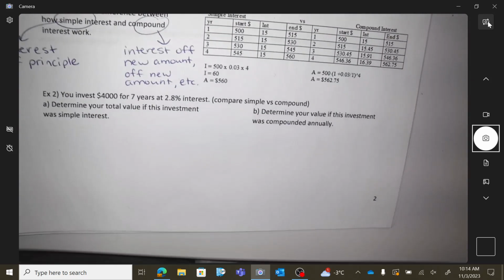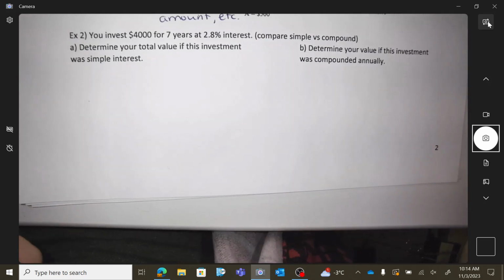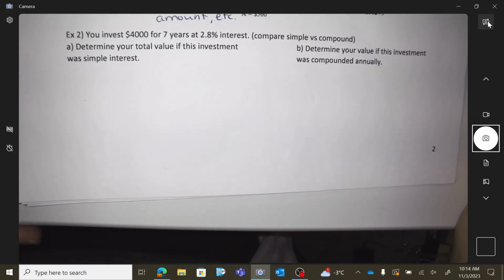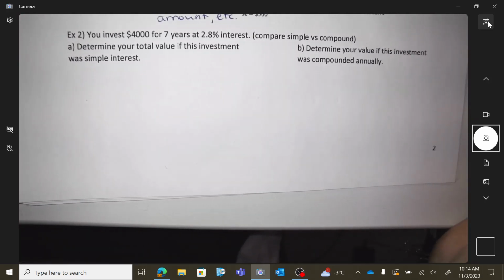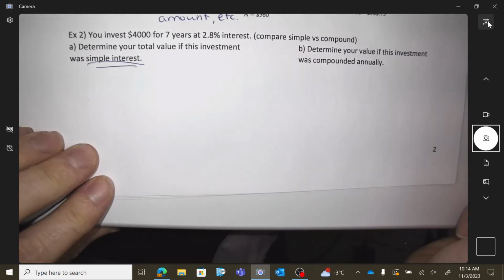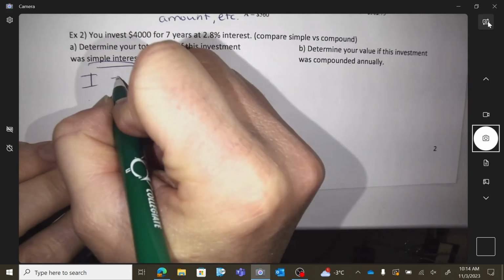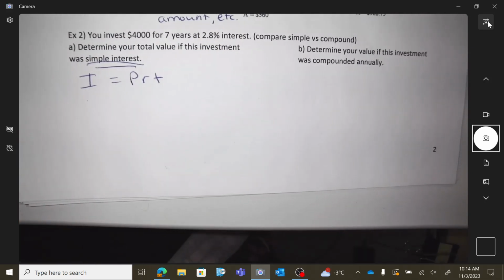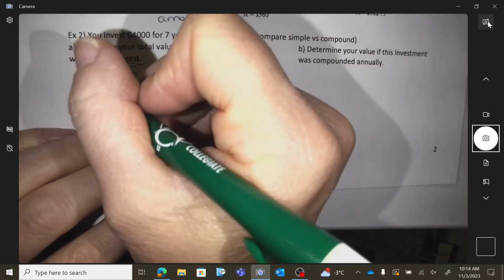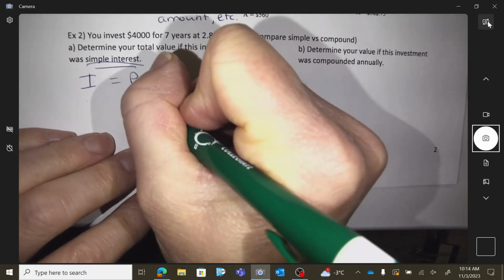Okay, so here we go. Let's compare. You have a $4,000 investment, 7 years, 2.8% interest. So we're going to do simple interest first. I equals PRT, yesterday's stuff. $4,000 is your principal.